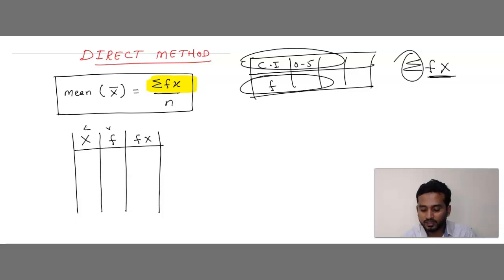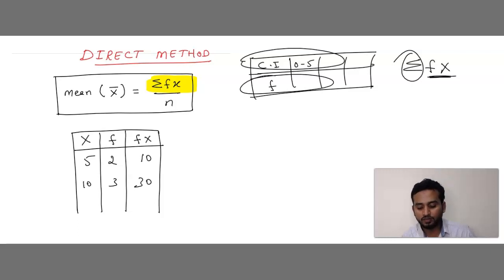That is called fx. X into f or f into x, that is fx. For example, here was 5 and here was 2. 5 times 2 is 10. Here was 10, here was 3. 10 times 3 is 30. Like this, you have to multiply the x and f values and write these products. So this is fx.